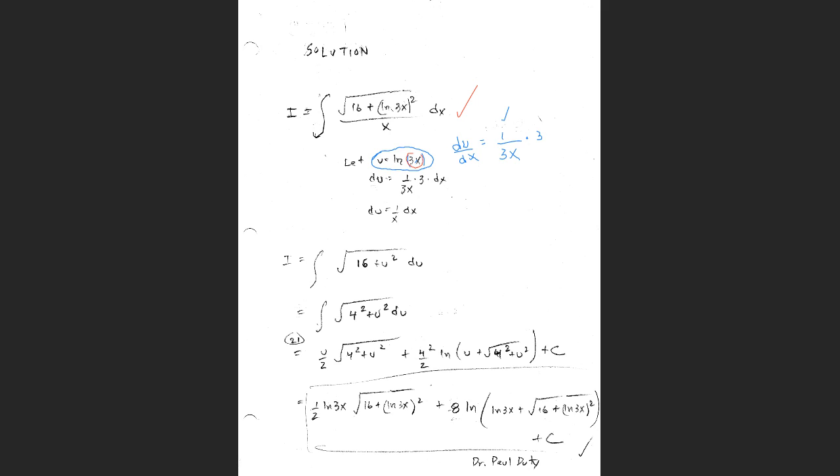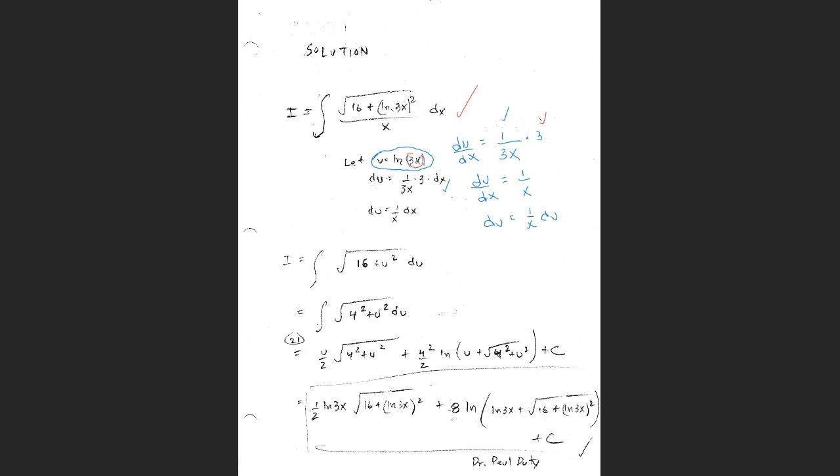So this is your chain rule times 3. And so that means then that du dx is 1 over x. Okay, and I guess I have the detail there. And so du is 1 over x dx.